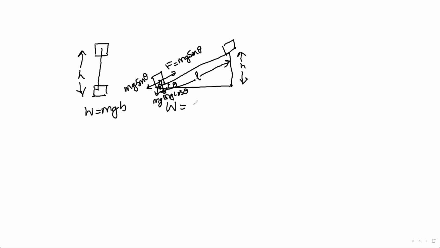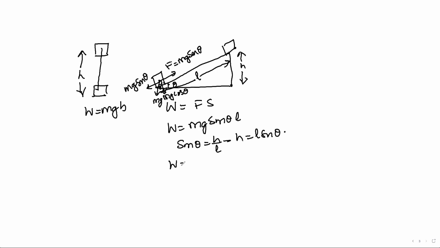Now here you tell what is the work done. The same thing, you take force into displacement, mg sin theta into L. Again, from the figure, sin theta equals h by L, so h equals L sin theta.